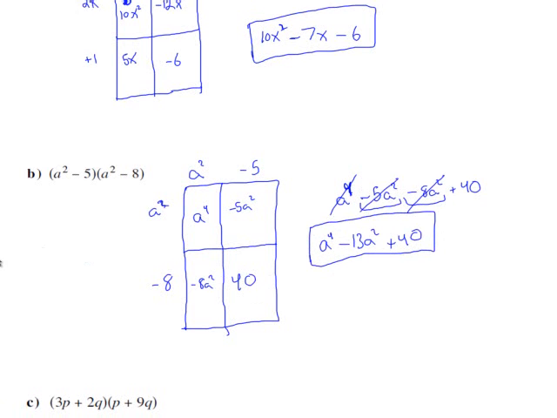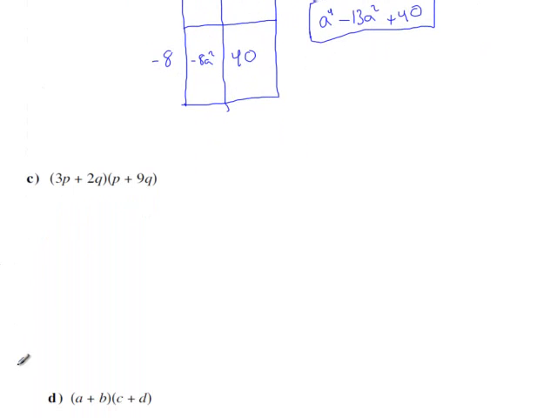Part C. Draw a new rectangle. 3p here and a positive 2q. And I have a p on one side and a 9q on the other. Draw lines between your elements to make your 4 mini rectangles and multiply out.